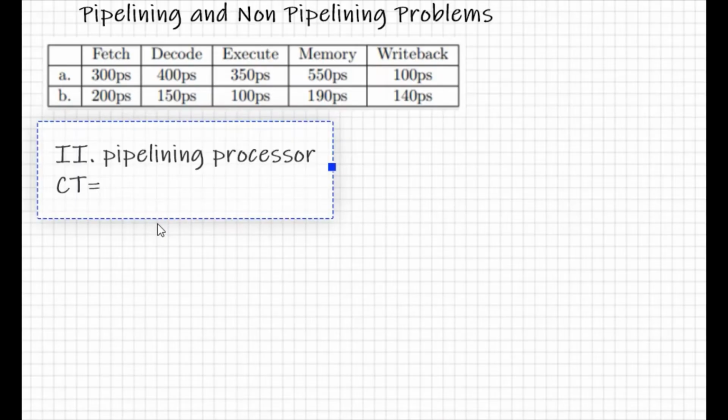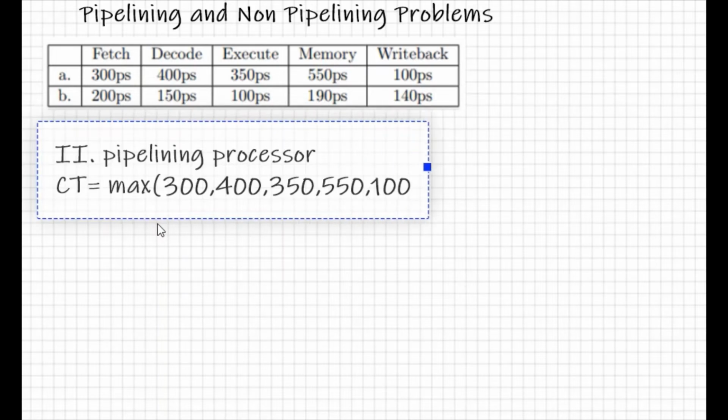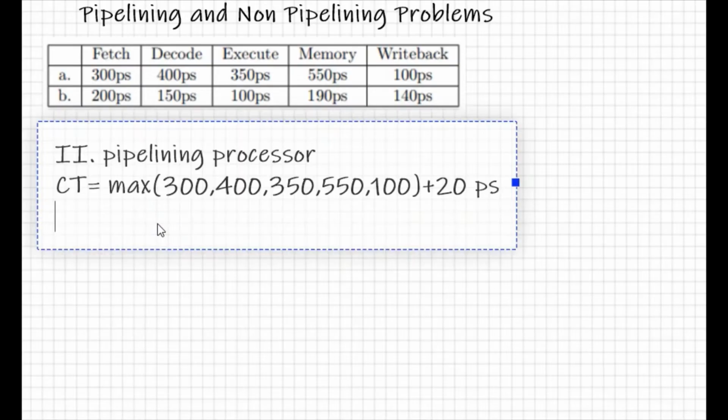The question is already telling you there is a 20 picosecond delay in the registers. So the cycle time for pipelining is the max of all the delays, 300, 400, 350, 550, 100, plus the register delay of 20 picoseconds. The maximum value is 550, so 550 plus 20, and the answer will be 570 picoseconds.